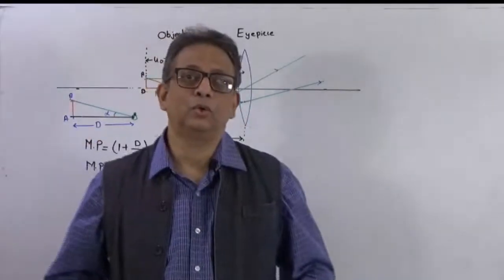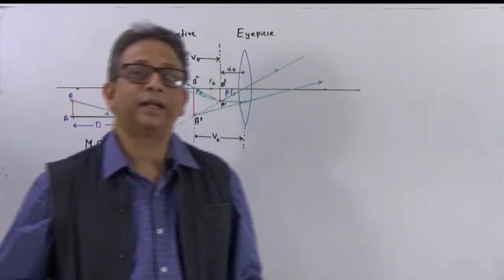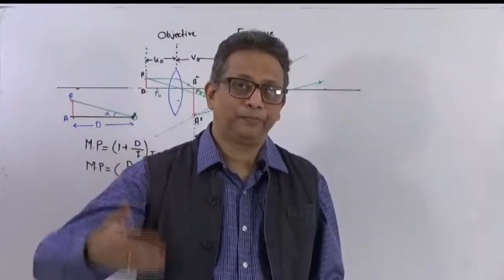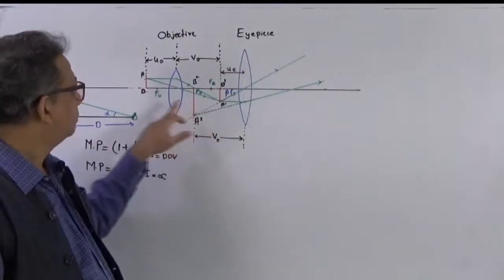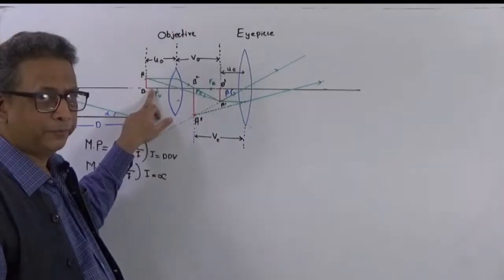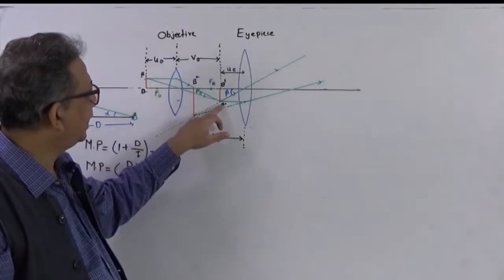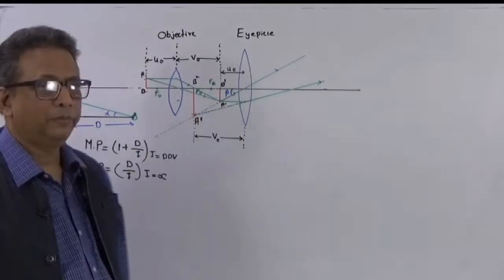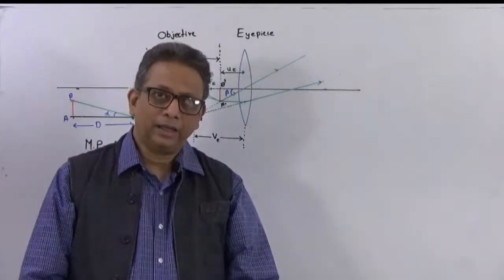And as you know, as the object starts coming towards the focus, the image starts getting larger and larger. So we are getting the optimum magnification by placing this as near to the focal point, but not on the focal point. So what do we get? We get an image A1 and B1, which is real and which can be formed on the screen. It is inverted and enlarged.